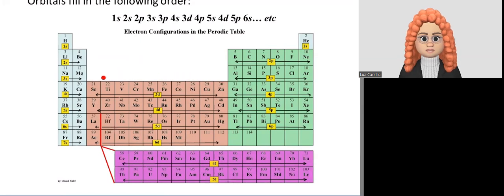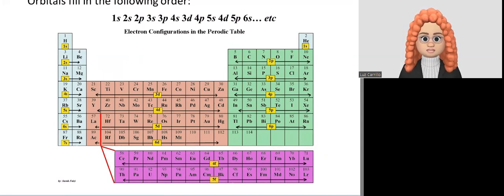Here in the middle, where we have specifically our transition metals, is where we have d orbital electrons. Next, as you can see here, from group 3A all the way to 8A, excluding helium, is specifically where we have our p orbital electrons. In the bottom, where we have the lanthanides and the actinides, we can observe that that's where the f electrons exist.